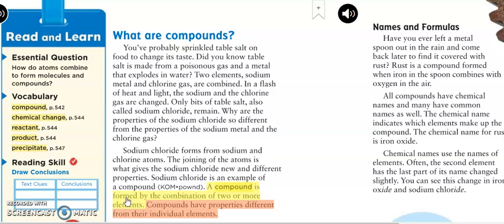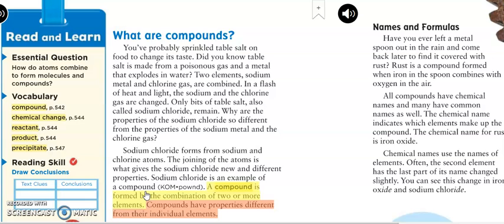So why are the properties of sodium chloride so different from the properties of the sodium metal and the chlorine gas? Sodium chloride forms from sodium and chlorine atoms. The joining of the atoms is what gives the sodium chloride new and different properties.